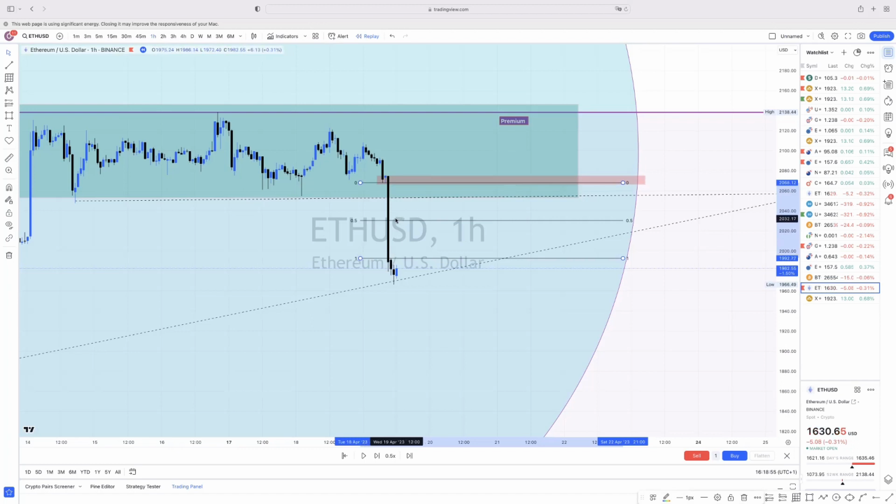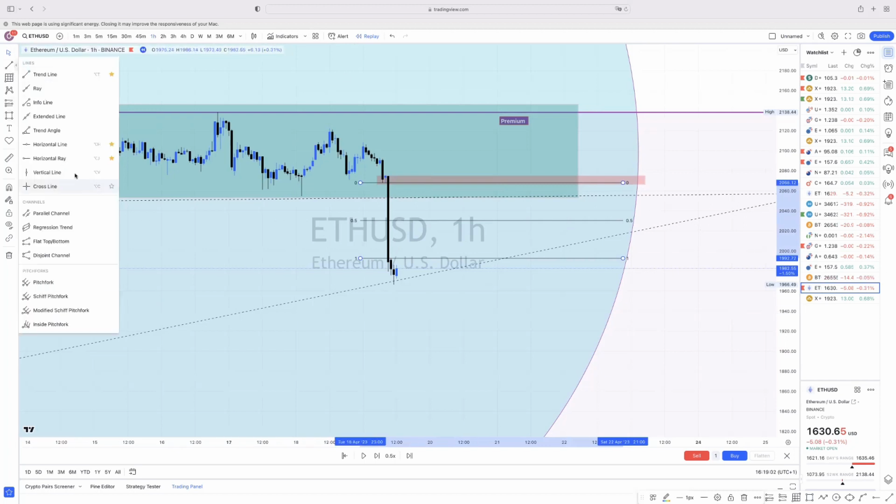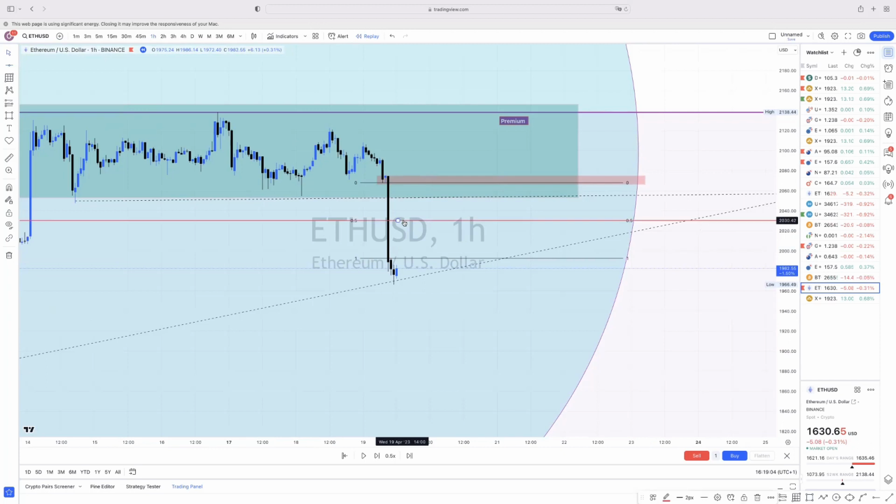The middle of this area is called the consequent encroachment area.